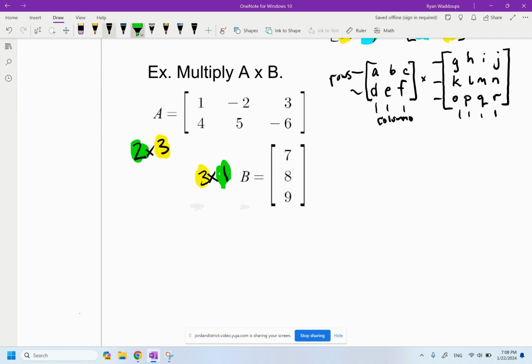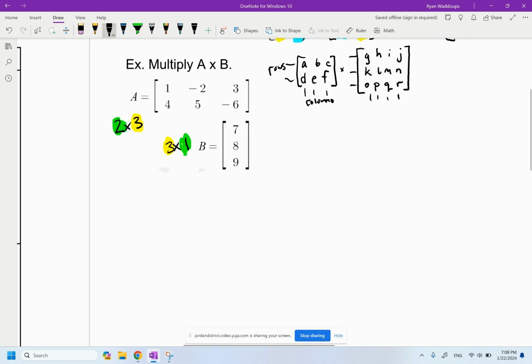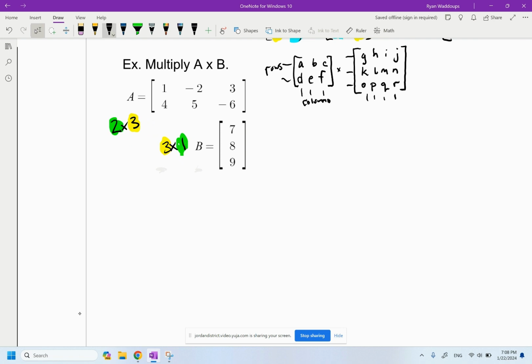So this is kind of what that looks like. Let's call this row 1 and row 2, and let's call this column 1. There's only one column, but it has 3 elements in it.